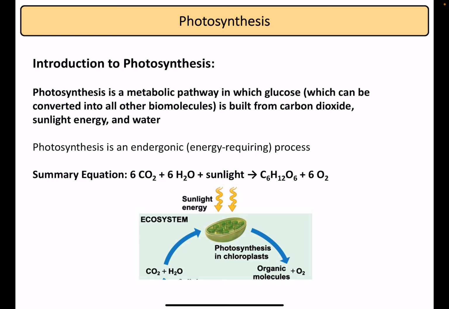So this is the way that plants and algae are able to build their own food. And since we're building a bigger molecule, this type of metabolic pathway requires energy to do so. So this is referred to as an endergonic process, an energy requiring process.